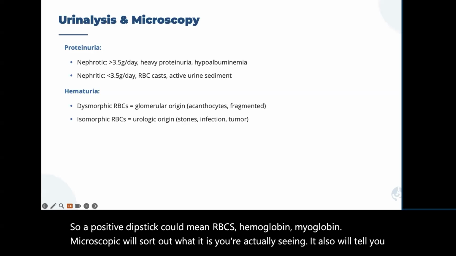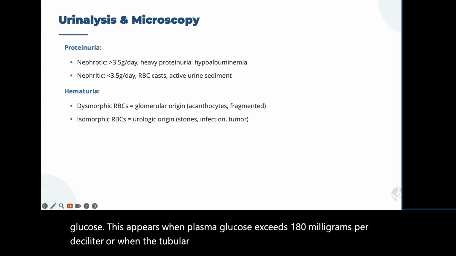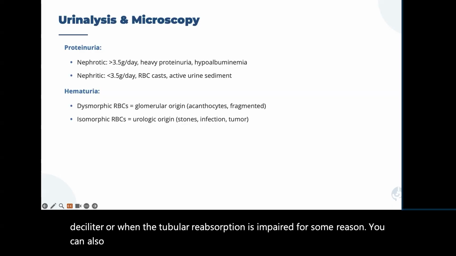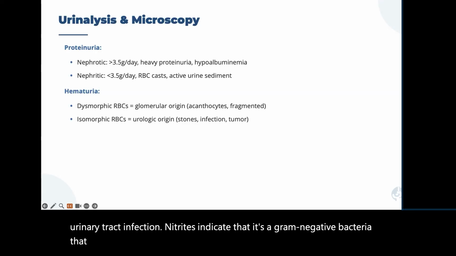This appears when plasma glucose exceeds 180 milligrams per deciliter, or when the tubular reabsorption is impaired for some reason. You can also see things like leukocyte esterase and nitrites. That suggests a urinary tract infection. Nitrites indicate that it's a gram-negative bacteria that reduces the nitrate.